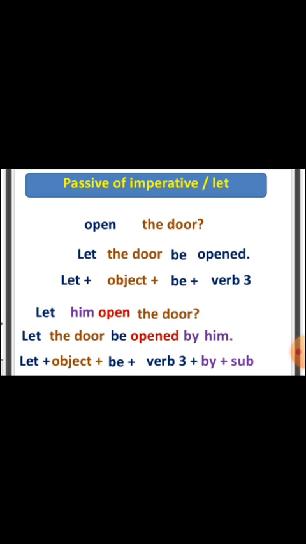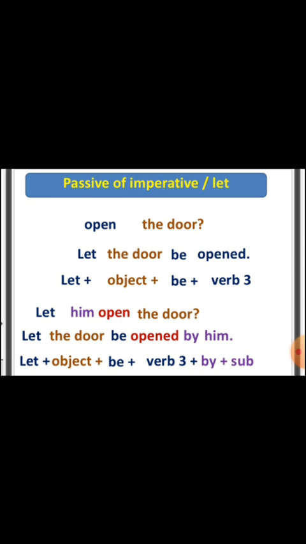Let him open the door. If the sentence is like this, then start the passive sentence with let. If the sentence starts in active voice from let, then you have to start the passive voice from let. Now bring the object in front: let the door, and then be, and the third form of the verb.